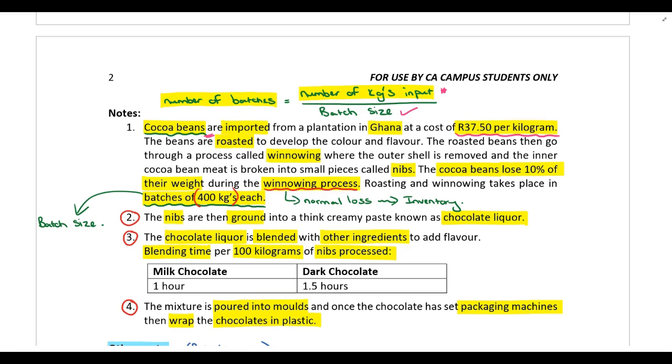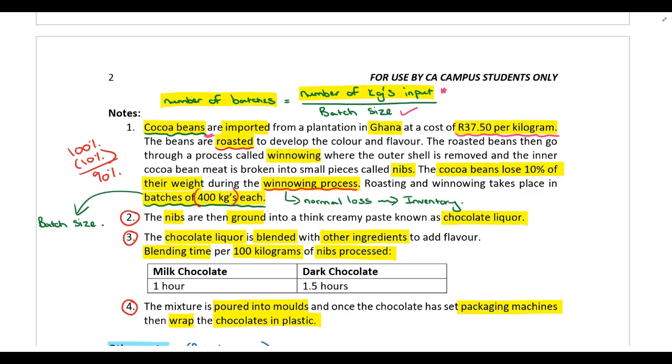So we'll only be dealing with 90% of the kilograms for the remaining processes. However, they need to input 100% of the cocoa beans into the production process. They then go through the process of roasting and winnowing, 100% of the cocoa beans. During this process, 10% will be lost, leaving us with 90%.